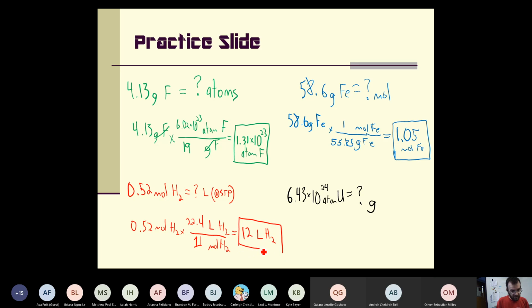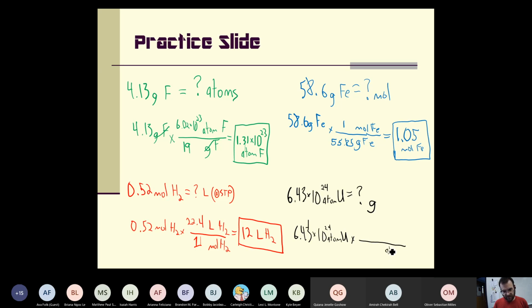Now remember, you are allowed to be off by 1 significant digit and still receive full and total credit, but I'm going to try to show you the best way. So we start with our known, 6.43 times 10 to the 24th atoms of uranium times line.